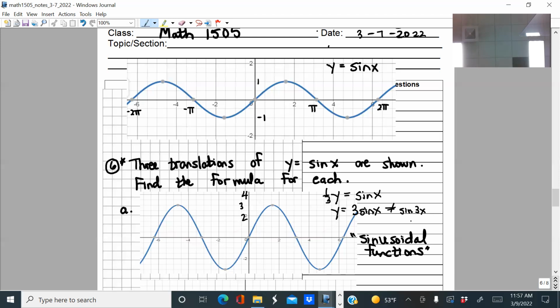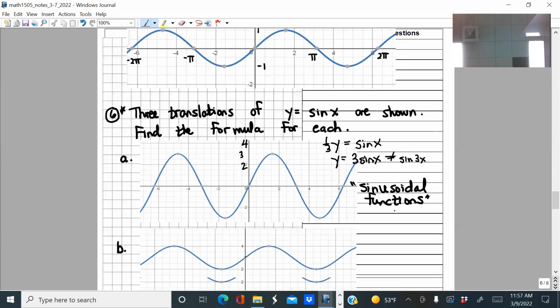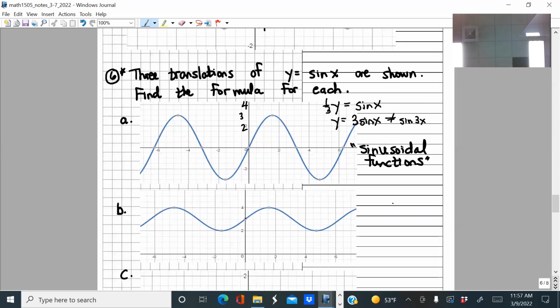Okay. Well, let's try another one. Maybe this one has changed the oscillation. Maybe not. All right. So have we changed the oscillations here at all? I'm looking at B. Is this one oscillating faster than before? Look at how long it takes to go through one cycle, one full period.